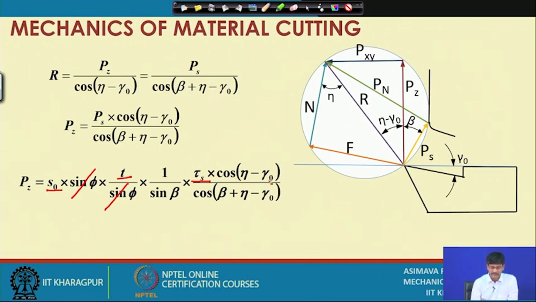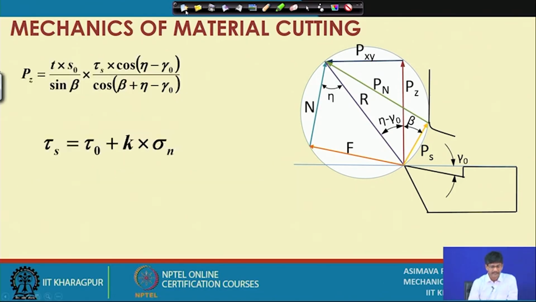The trouble is we cannot handle all these angles, because while gamma 0, the orthogonal rake, is known from the tool angles, we do not have a concrete idea about what the shear angle is and what eta is. So, let us quickly go through the possible ways in which we can find it out.